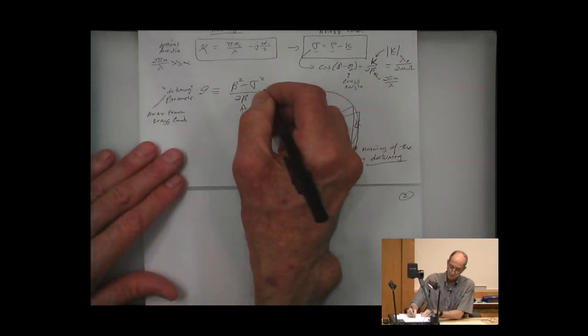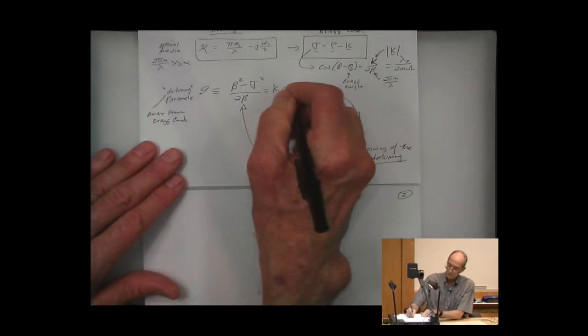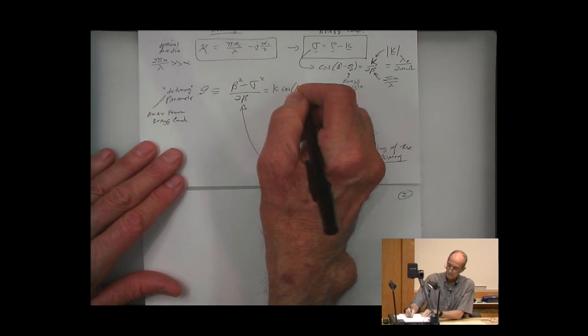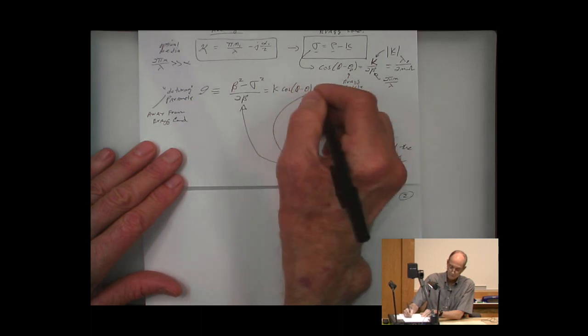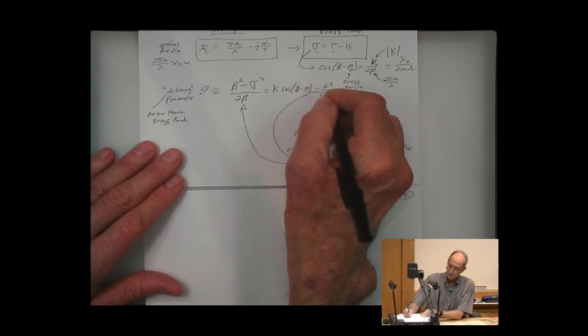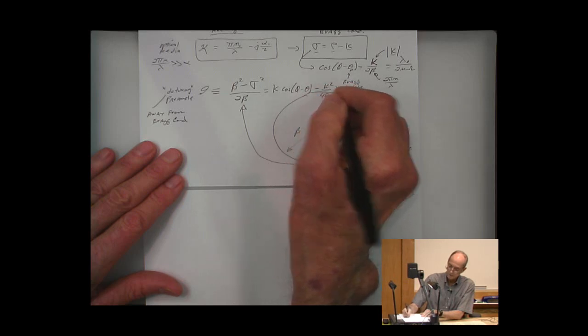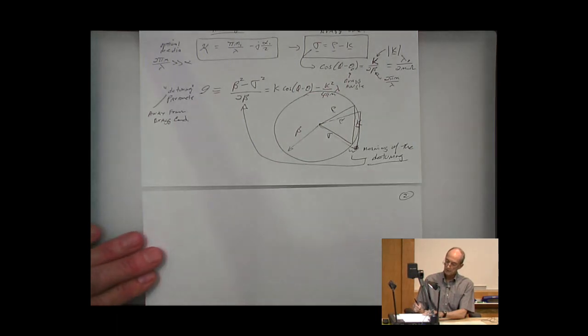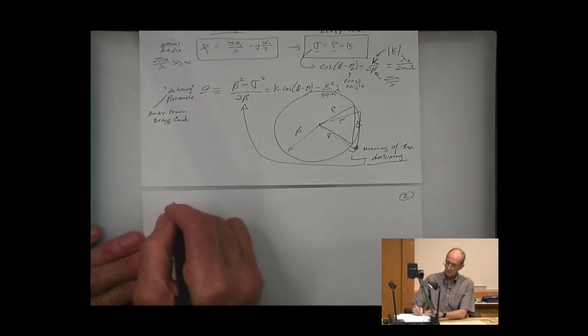This in its full form is equal to k cosine of phi minus theta minus k squared over 4 pi n lambda, all right?